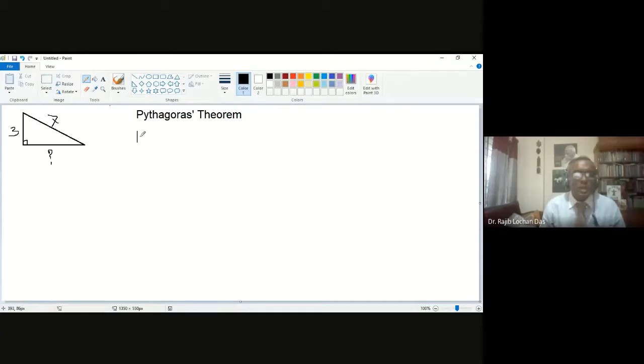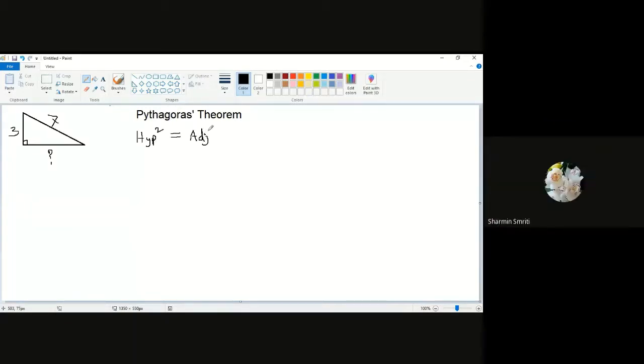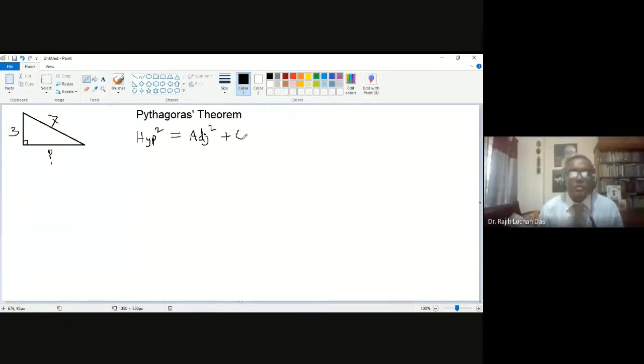It is hypotenuse square equal to adjacent square plus opposite square. So this is the theory.